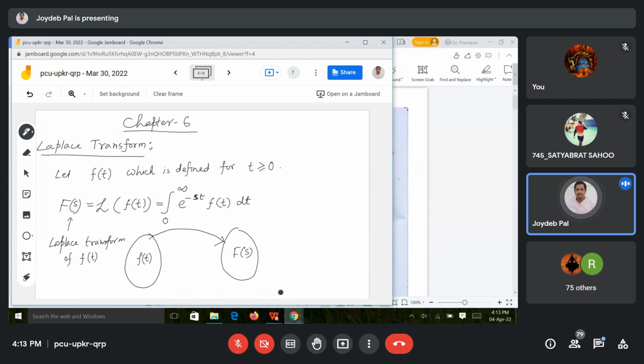Whenever we are taking the Laplace transform of small f, after taking the transformation, we denote it as capital F. So there is a relation between them. The initial function is in lower case, and its Laplace transform is denoted by its uppercase. Okay, small f and capital F.